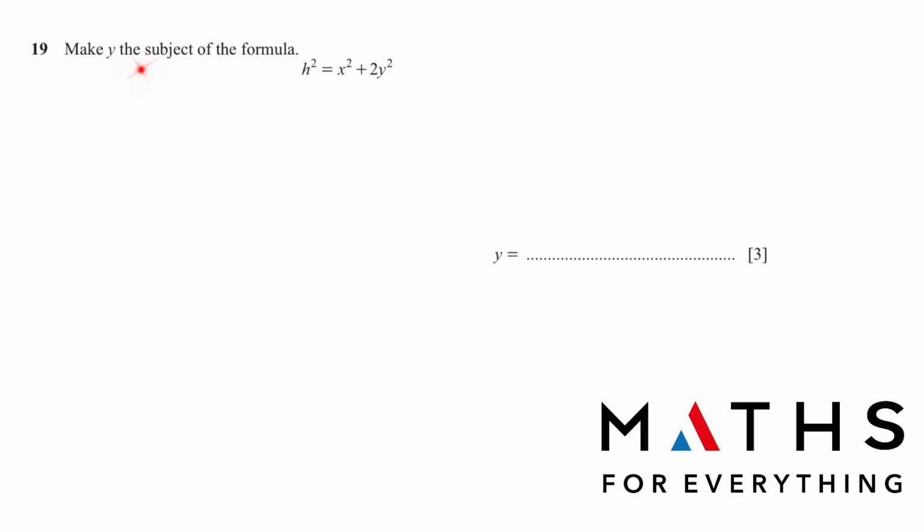Question number 19. Make y the subject of the formula. We have x squared. The x squared we will shift to the other side. The sign will change. We have 2y squared. So shift the 2 to the other side. It will be in the divide. And then to find y, square root the whole equation.